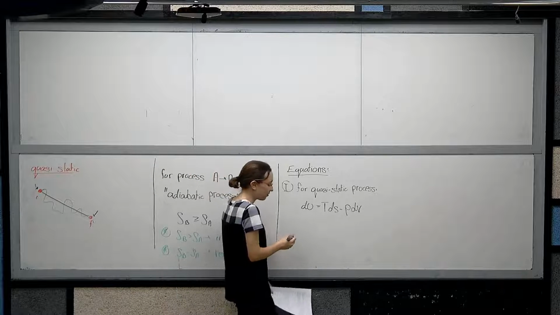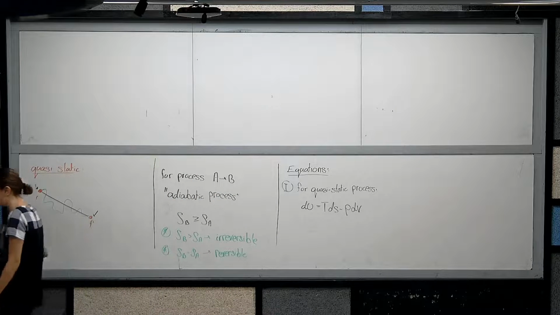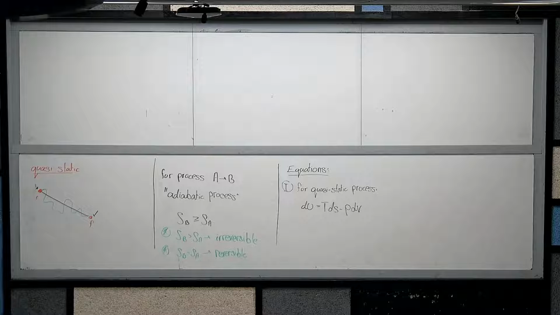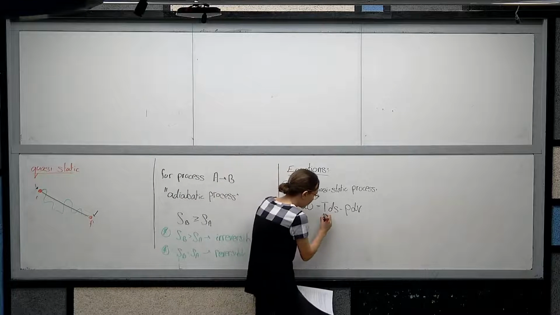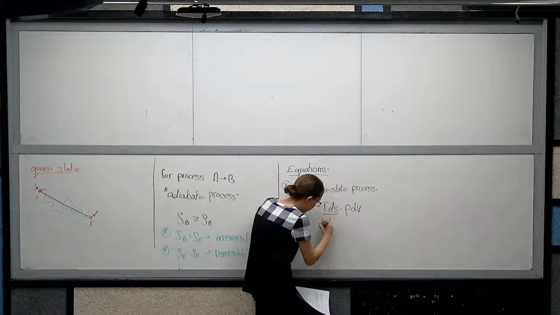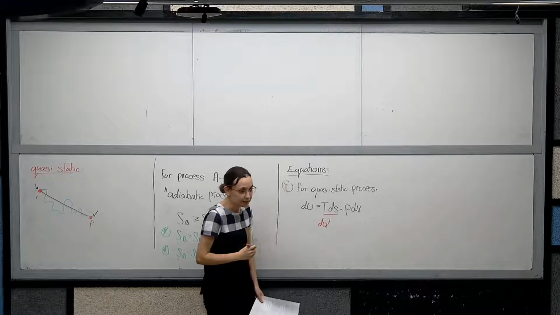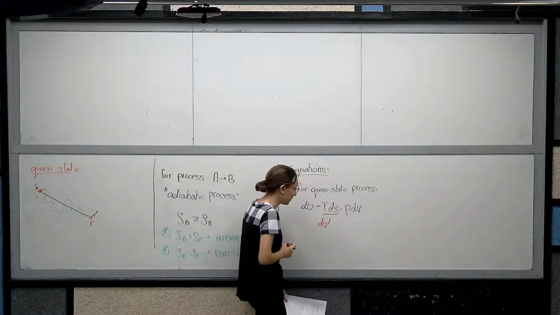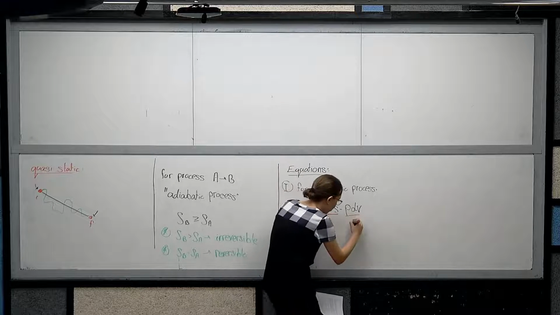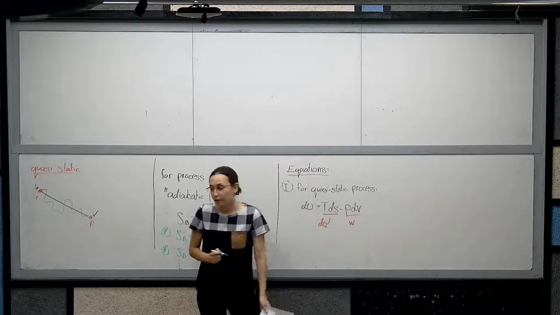Okay, so we have here from the first law of thermodynamics, this is what we call the heat, and we use the definition of the entropy to write it like this. And this is the work.